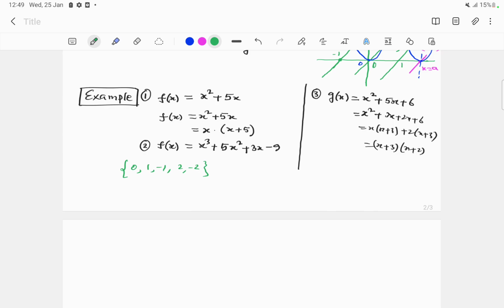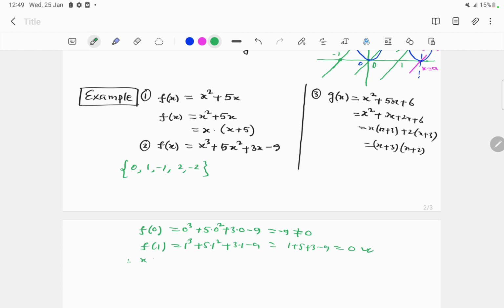So let me check for the first example. If we put in 0, what do we get? You keep putting in values until you get 0 for the expression. Here we get -9, so this is not equal to 0. Put in 1: 1 cubed plus 5 times 1 squared plus 3 times 1 minus 9. So basically you get 1 plus 5 plus 3 minus 9, which is 0.